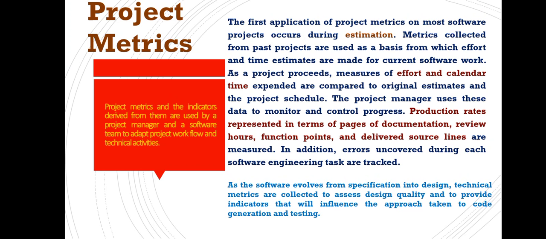As the project proceeds, measures related to effort and calendar time spent are compared to the original schedule or original estimations related to that project. So this gives us a clear idea of the estimation process while comparing different projects under development.